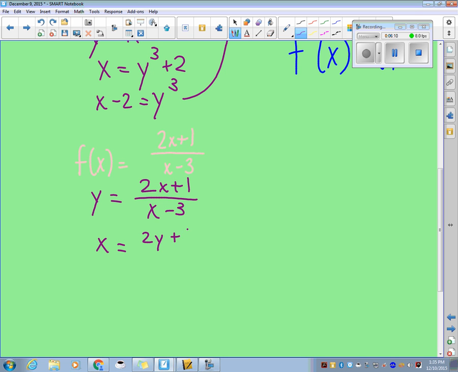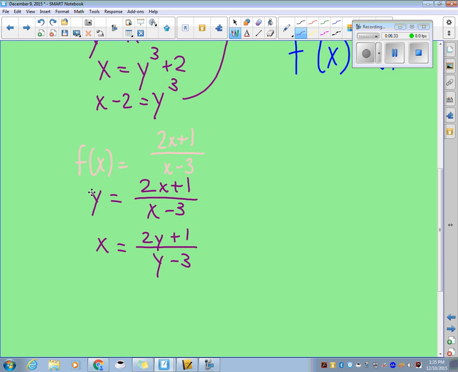Isn't that the next step? Yes, it really is. It just makes it a little easier rather than writing this and switching it. You could follow this through with f of x each time if you wanted. Then you would be switching x and f of x.